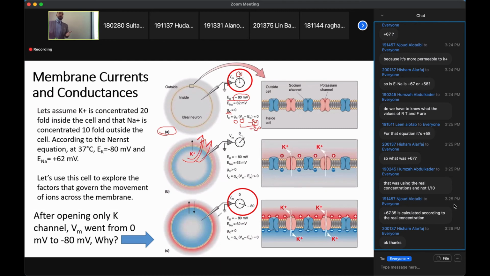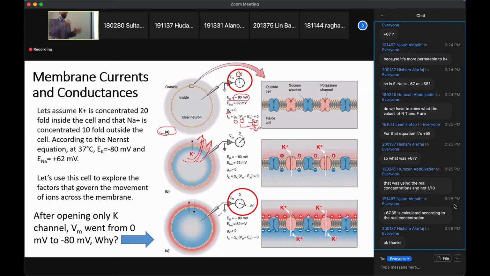Minus 80, exactly. So potassium, which is positively charged, by moving out wants to make the inside of the cell more negative, okay? And so this is why it's moving out, because it wants to reach the equilibrium potential for potassium, okay? Is this clear? Okay, good.